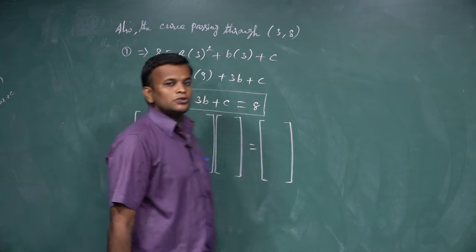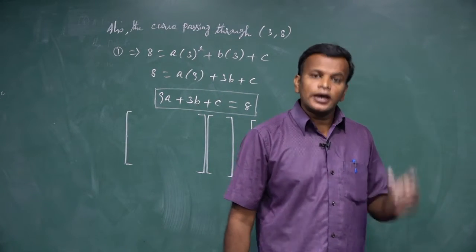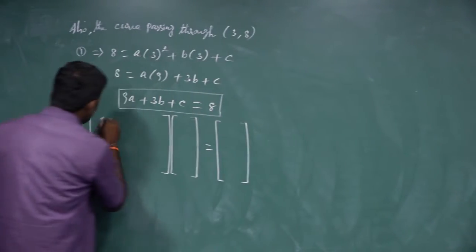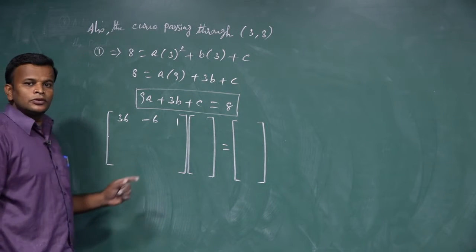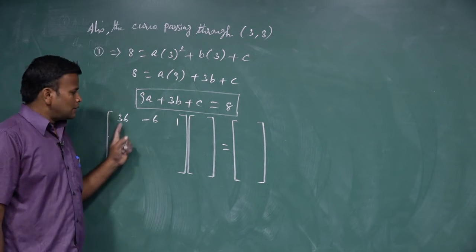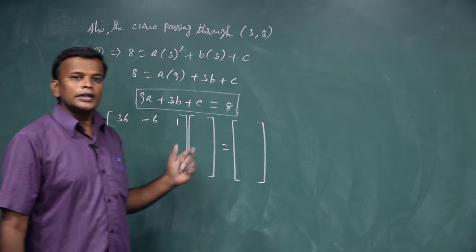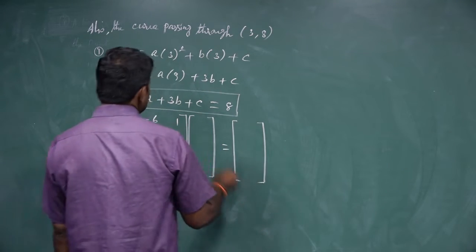You remember equation 1? In equation 1, the coefficients of a, b, c are 36, minus 6, 1. The coefficient of a is 36, b is minus 6, and c is 1. And the RHS of the first equation is 8.